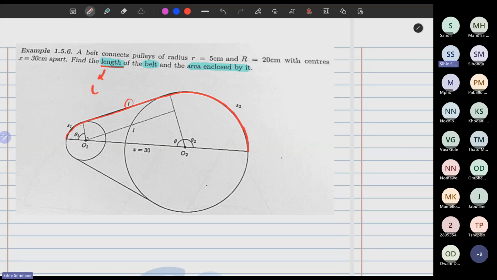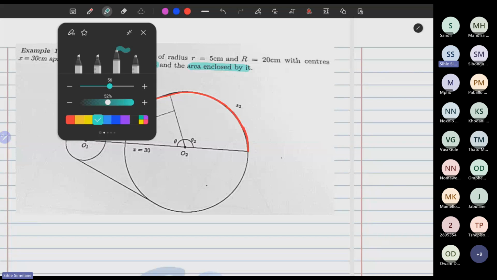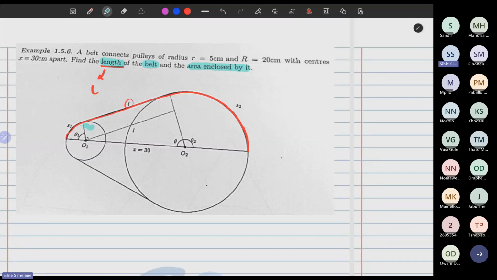And then they are saying we are looking for the area which has been enclosed by the belt, which means the area they are speaking about is this area, the one which I will shade in blue. They want all that area which has been enclosed by the belt.